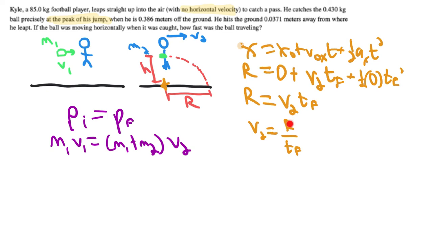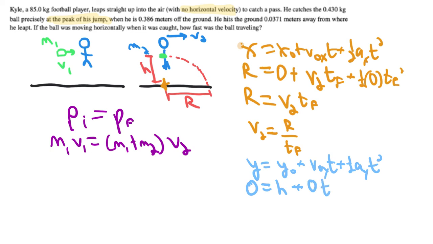Unfortunately, while we have this, we don't have this. So we have to go a little further and say, well, how do I get that? If we look at the vertical motions, then y is y0 plus v0y t plus 1/2 ay t squared. And we know that he ends on the ground, but he starts at height h. They tell us he has no vertical velocity at this point.